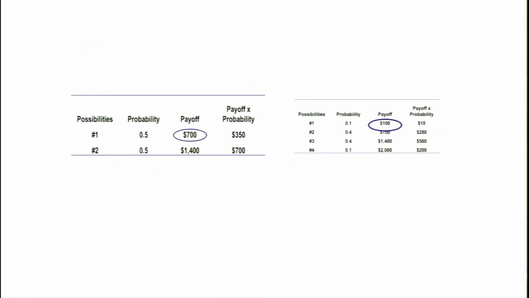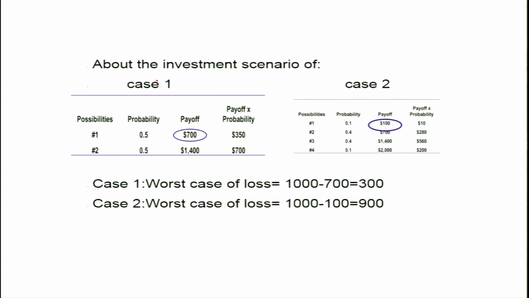That is the concept we are going to discuss here, the concept of value at risk. Look at these two investments, case 1 and case 2. In case 1 there are two possibilities.